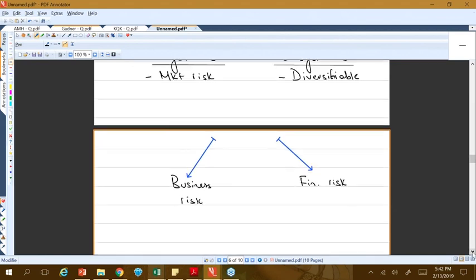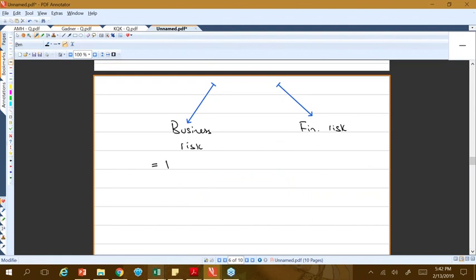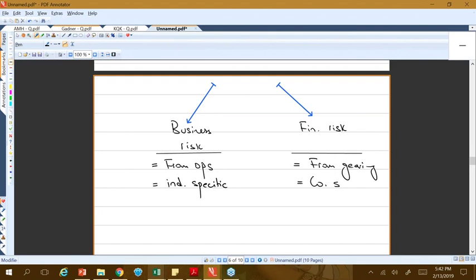Business risk results from operations, and financial risk results from gearing. So when you take on debt, your gearing increases and therefore your financial risk. Now, this risk here is industry specific and this is company specific.